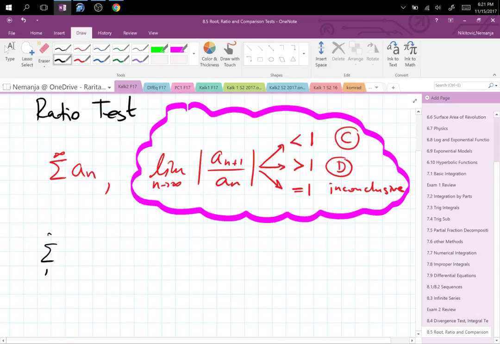Summation 1 to infinity of, let's say, 2 to the n divided by n plus 1.